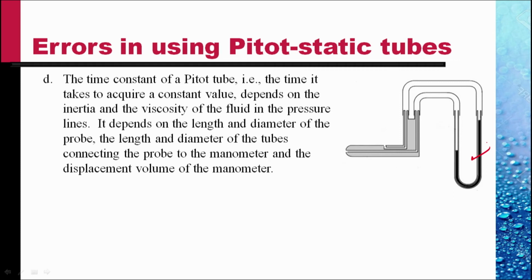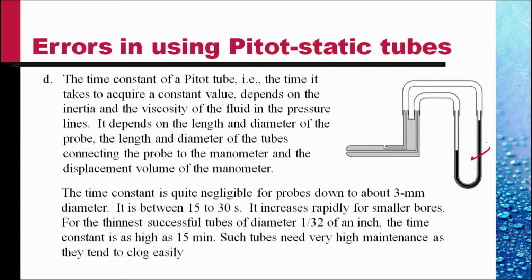The time constant of a pitot tube is the time it takes to acquire a constant value. It depends on the inertia and the viscosity of the fluid in the pressure lines. It also depends upon the length and diameter of the probe, the length and diameter of the tubes connecting the probe to the manometer, and the displacement volume of the manometer.